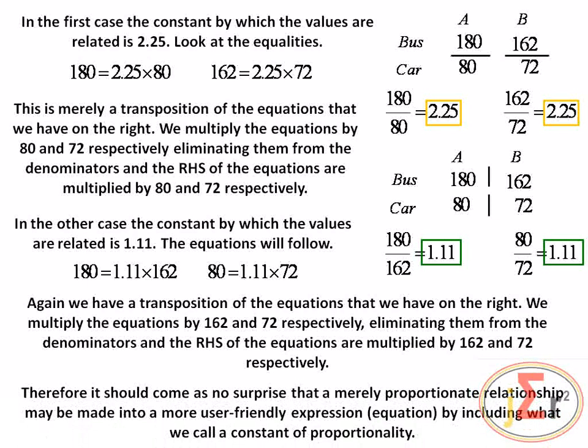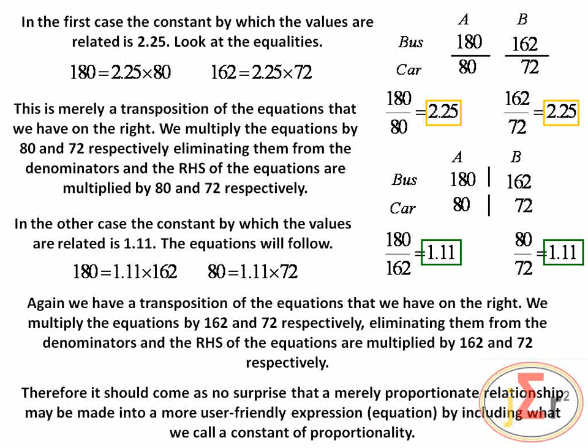Therefore, it should come as no surprise that a merely proportionate relationship may be made into a more user-friendly expression, which is an equation, by including what we call a constant of proportionality.